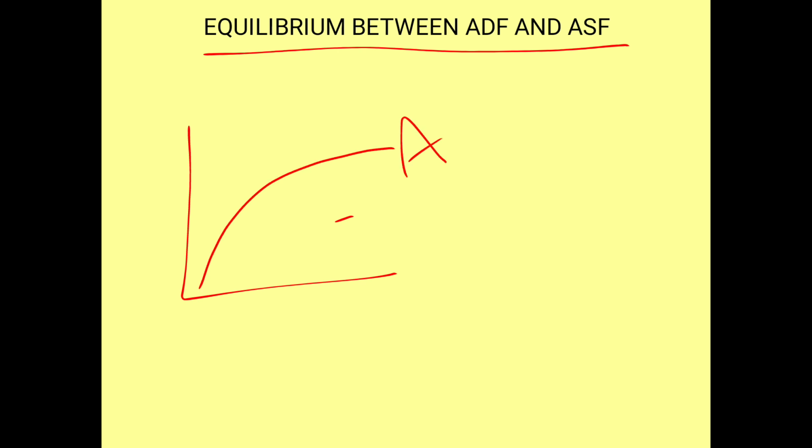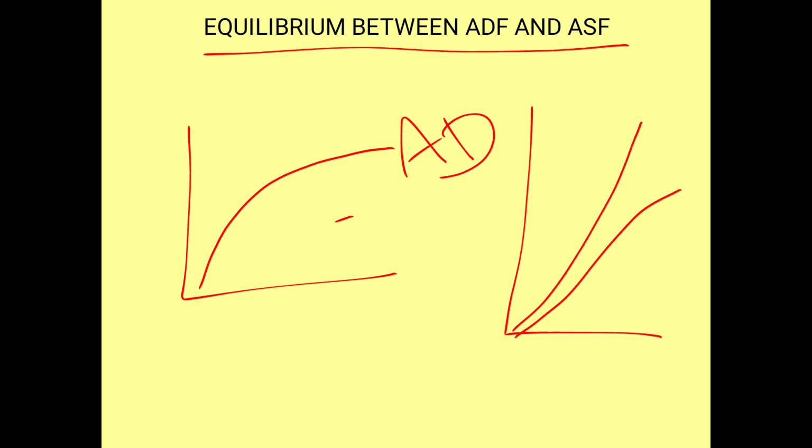Already we have seen aggregate demand. I hope you remember a diagram like this where you have the aggregate demand. Next we saw aggregate supply, where we spoke of linear and non-linear. We saw Z1 and Z. Z1 is non-linear and Z is linear.